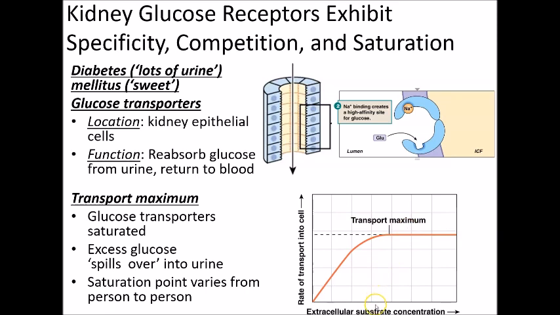So here's transport maximum. What you can see is as we increase the concentration of glucose, in this case in the urine, the rate of transport into the cell goes up, so we can see this curve here. But when we reach what is called the transport maximum, that's 100% saturation. That means at this point all of the glucose transporters that are moving glucose are full. Since we can no longer move any glucose because of saturation, some of that glucose spills into the urine.